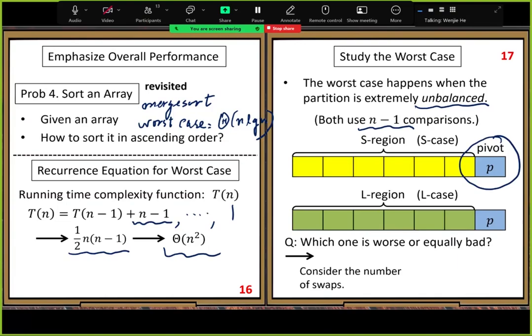So when we consider the overall performance, quicksort is the best among the current sorting algorithms, by experiments. When people do experiments, not by analysis. By analysis, it's hard to see if quicksort is better or merge sort is better.